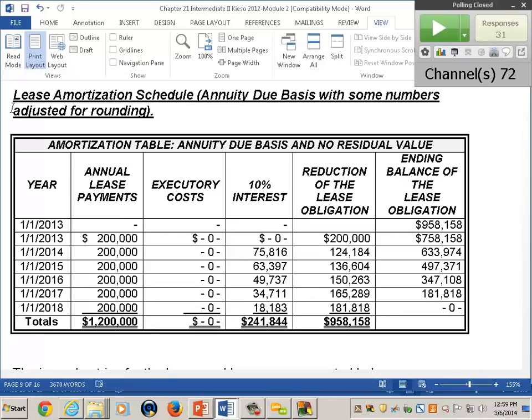So interest is accrued for the year, and it is based on the balance after deducting the payment. And that's what you see here. Payment comes off, that's the amount subject to interest. That's the interest for that particular period.